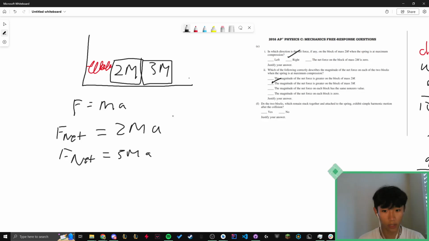And as we know, their accelerations are exactly the same because they're connected to each other and moving exactly the same. So we don't have to care about this a. So 2m or 3m, that's what we're left with. And 3m is definitely bigger. So that's why the mass of 3m has the greater net force.